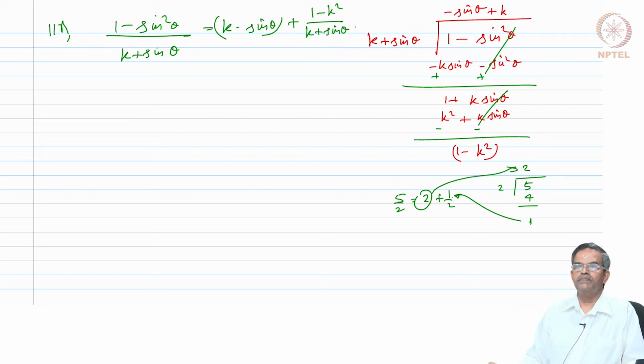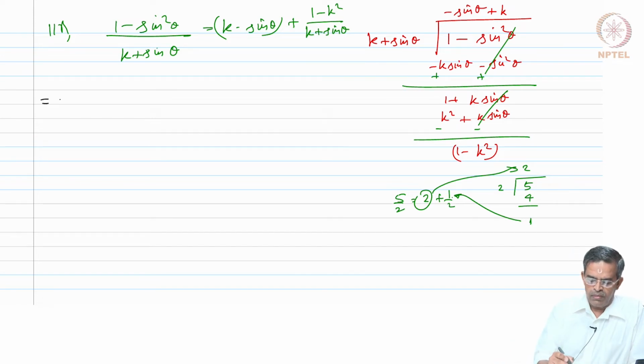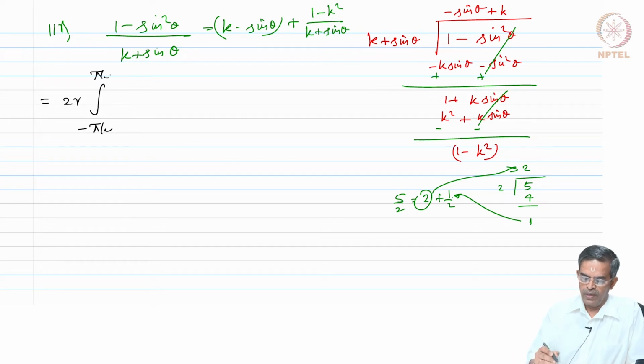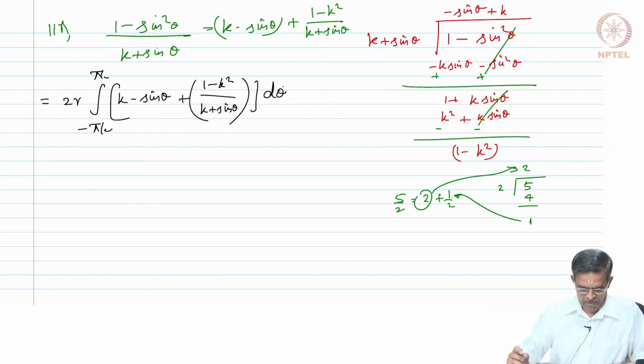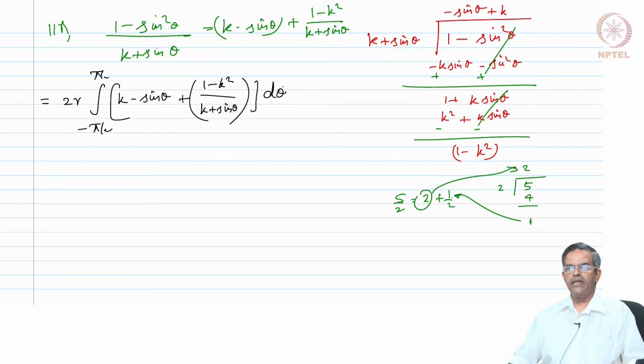Is that okay? Therefore, my integral is going to be 2r of minus pi by 2 to plus pi by 2, k minus sin theta plus 1 minus k square by k plus sin theta, d theta. Is that correct? Let me draw a line here.